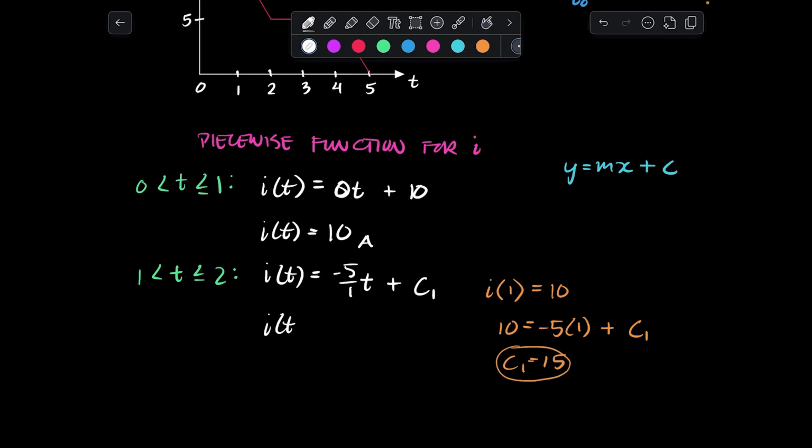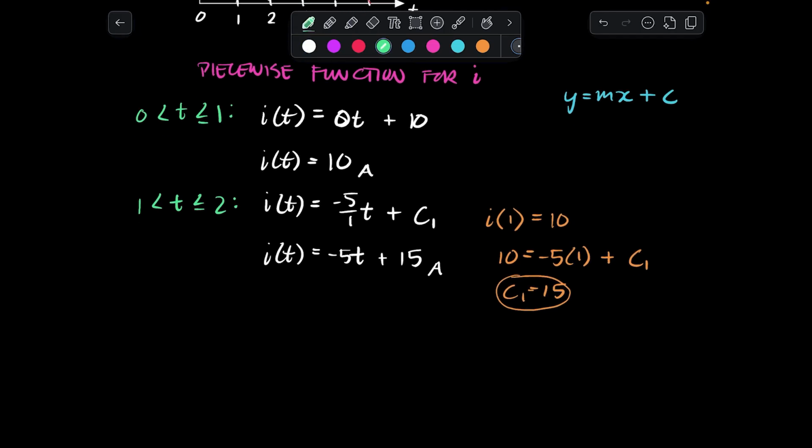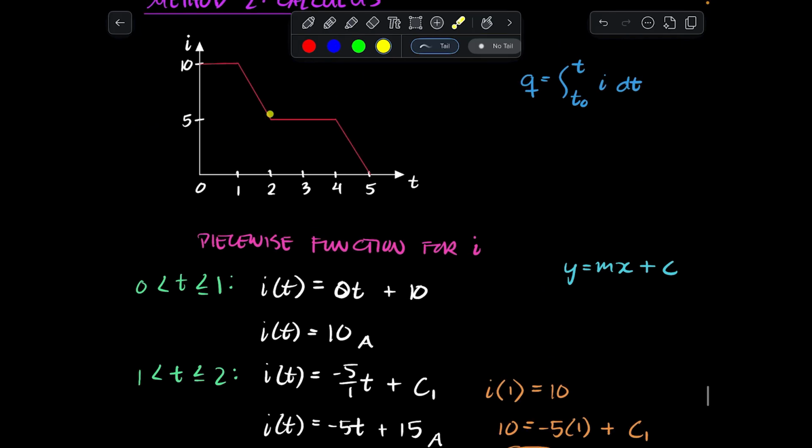And so we have I of t is equal to -5t plus 15 amps. So now let's find I for the interval between 2 and 4 seconds. Between 2 and 4 seconds, we have a straight horizontal line here with no slope.